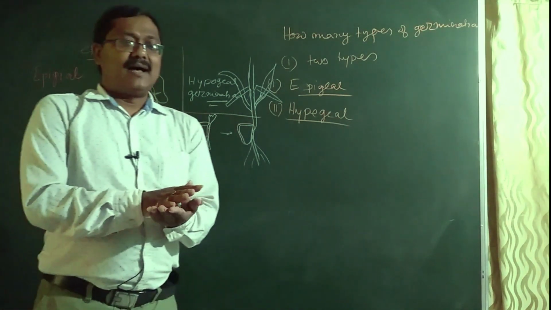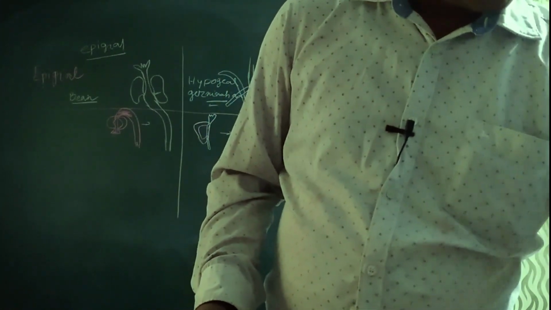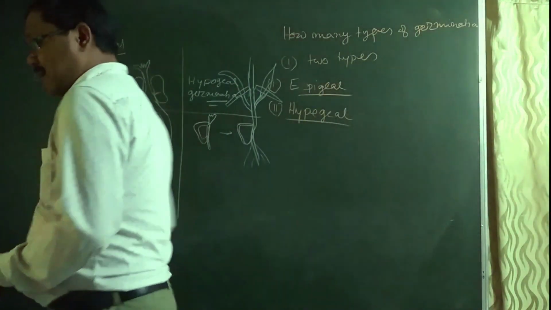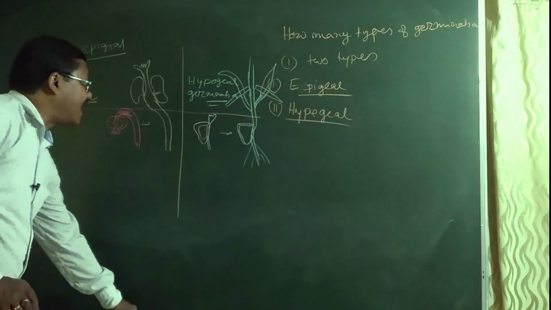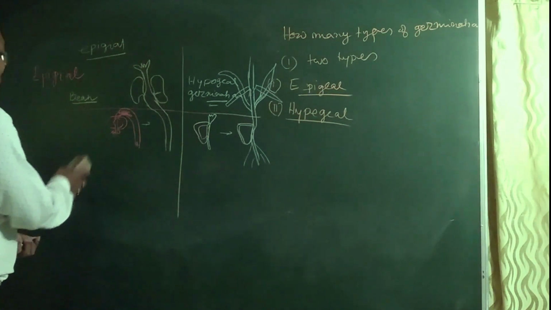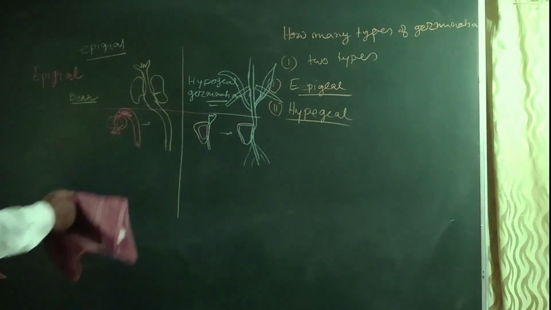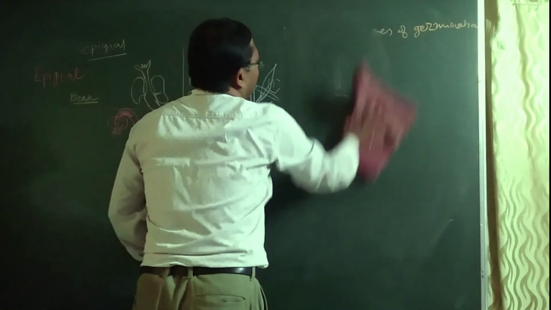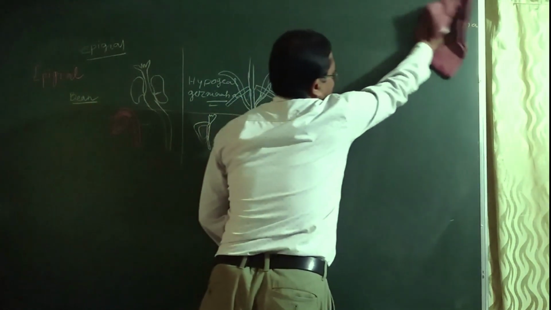Later, the other type of germination. Epigeal and hypogeal are the general types of germination, and another special type of germination is generally found in mangrove plants. What is the mangrove plant? Mangrove plant is a halophyte.